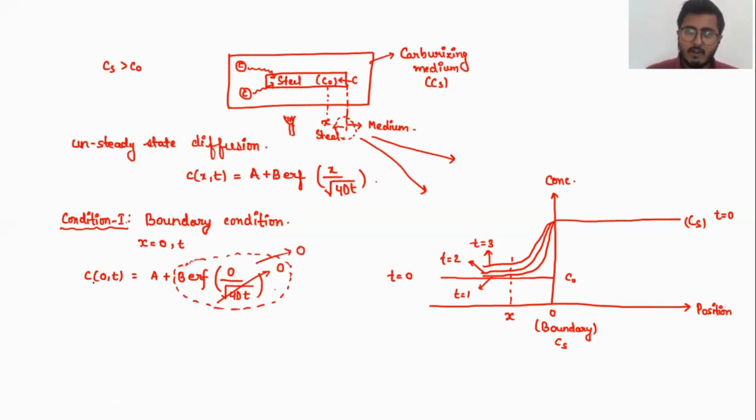And the concentration at the boundary, we know, is nothing but equal to CS, that is the concentration of the carburizing medium. So from here, I can easily obtain that my A is nothing but equal to CS. This is my first equation. So my A is equal to CS, the concentration of my carburizing medium, that we obtain from the boundary condition. Similarly, let us see the second condition, that is your initial condition.